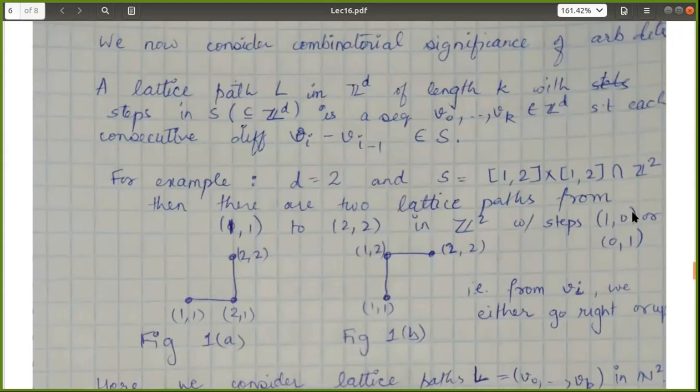That is the step 1,0. Step 0,1 similarly means you are going from bottom to top.